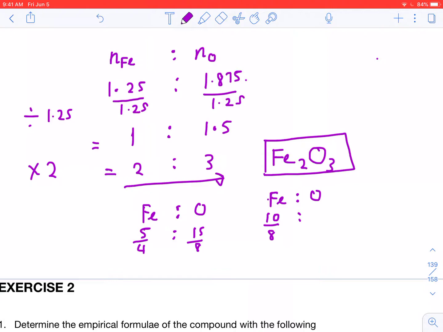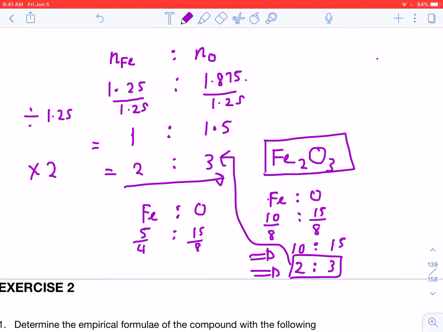And is to 15/8. Since the denominators are the same, this would imply I have 10 is to 15, which is the same as 2 is to 3. It's an alternative way that I did this, just to show you. Sometimes I like to leave it in fraction form. So there you have that one.